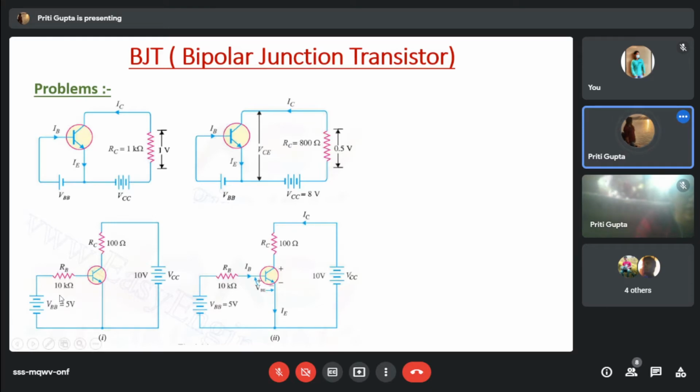Just as we learned in basic electrical loop analysis or mesh analysis, the equation will be VBB minus IB into RB minus VBE is equal to 0.